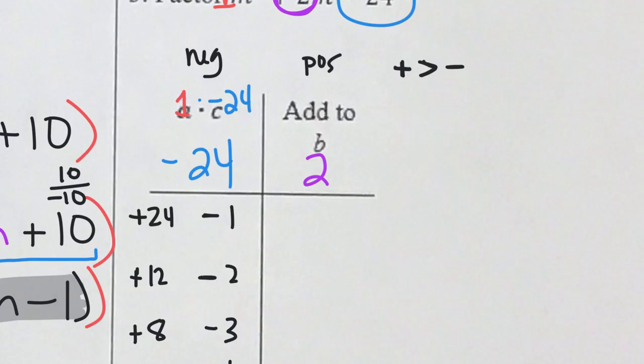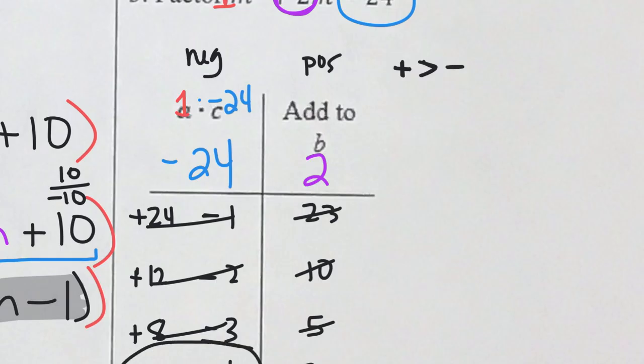So 24 minus 1, that's 23, right? That's not going to work. 12 minus 2 is 10. Nope, that's not going to work. 8 minus 3 is 5. Nope, that's not going to work. 6 minus 4 is 2. There it is. Those are going to be my factors, right? Those are the numbers that multiply to give me negative 24 and at the same time add to give me 2.